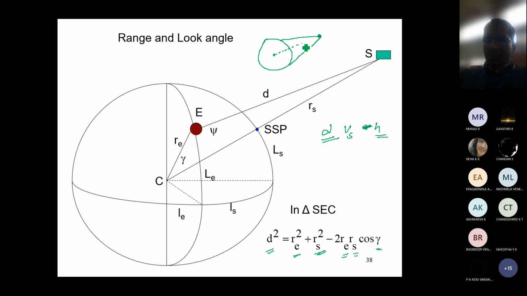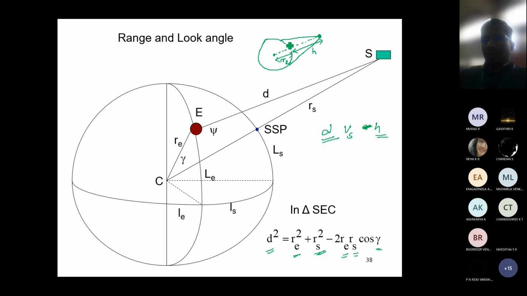So if you make a line joining from the center of the Earth to the satellite, this point is the sub-satellite point, and from this point to this point is the radius of the Earth, and from this point to this point is the altitude of the satellite. That means at what height the satellite is present from the surface.